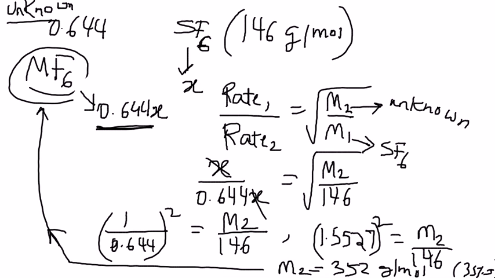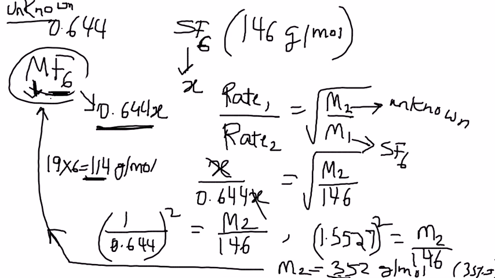Each fluorine is 19 grams per mole. If you have 6 of those, that means you have 114 grams per mole. What does that mean? That means that the molar mass of M plus the 6 fluorine atoms together make up this 352. So if I subtract the 114 due to the fluorines from the 352, don't you think I would get the mass of the unknown metal?